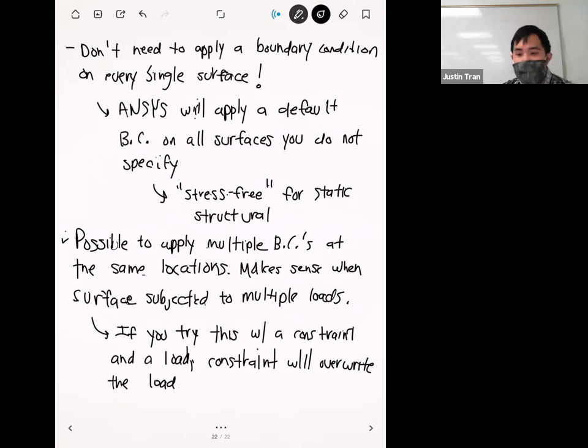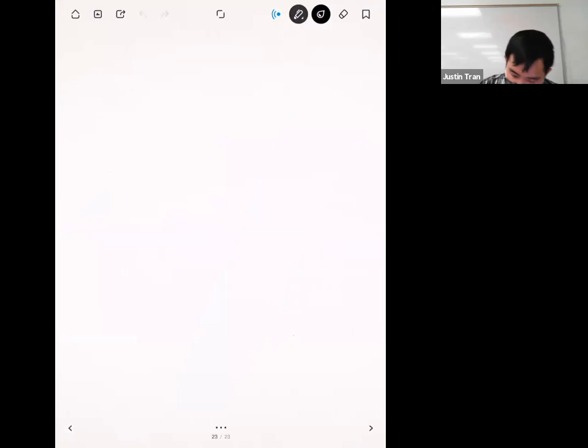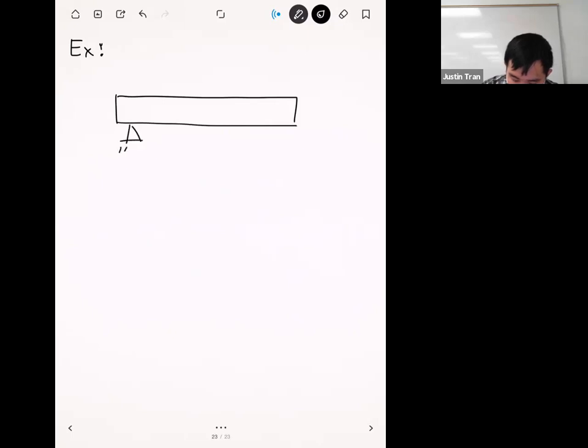Okay, and so let's see what happens when you try to do exactly this with the beam. Okay. And so we'll use our skateboard beam from before. Okay. So let's say that we have a beam like this. Right, and so on one side you have a pin support, another side you have a roller. Okay.